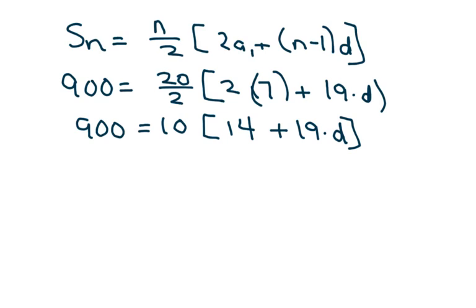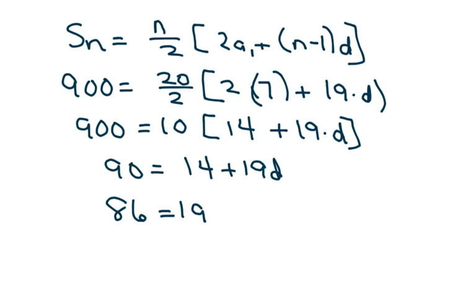Now I'm going to go ahead and divide by 10, and I'm going to get 90 equals 14 plus 19d. Subtract 14, and that's going to be 86 equals 19d. So d equals 4.